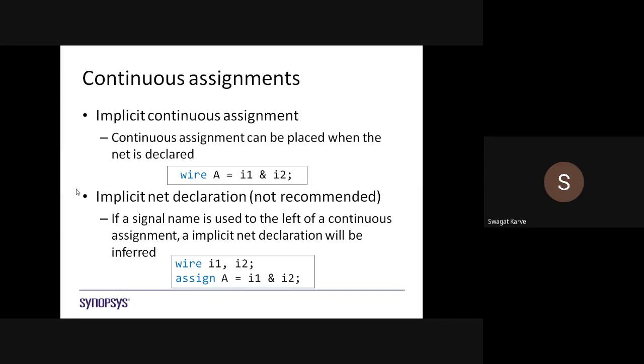Now this I1 and I2 are the parameters that we have already discussed in the previous program. Just assume I1 and I2 we have already declared in the program, and we are now using them as variables here. So for that purpose, we are using this implicit continuous assignment statement.